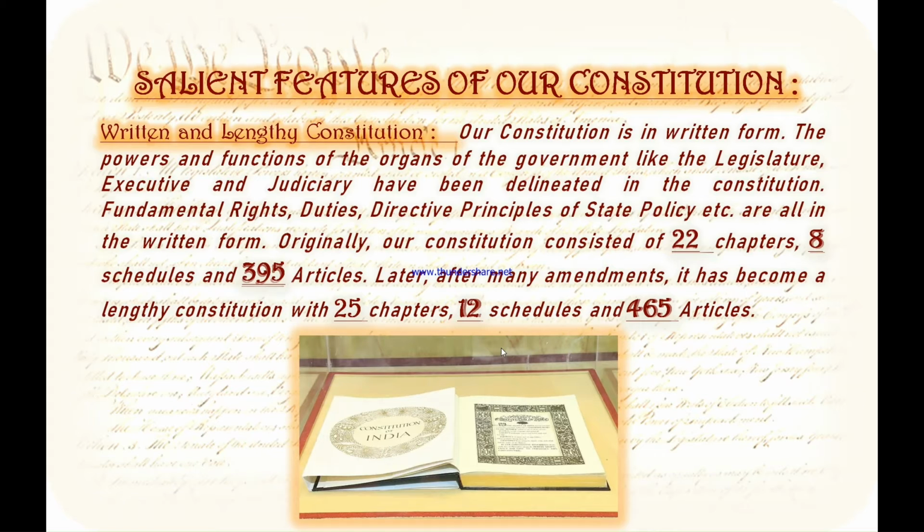Originally, our constitution consisted of 22 chapters, 8 schedules, and 395 articles. Later, after the many amendments, it has become a lengthy constitution with 25 chapters, 12 schedules, and 465 articles.